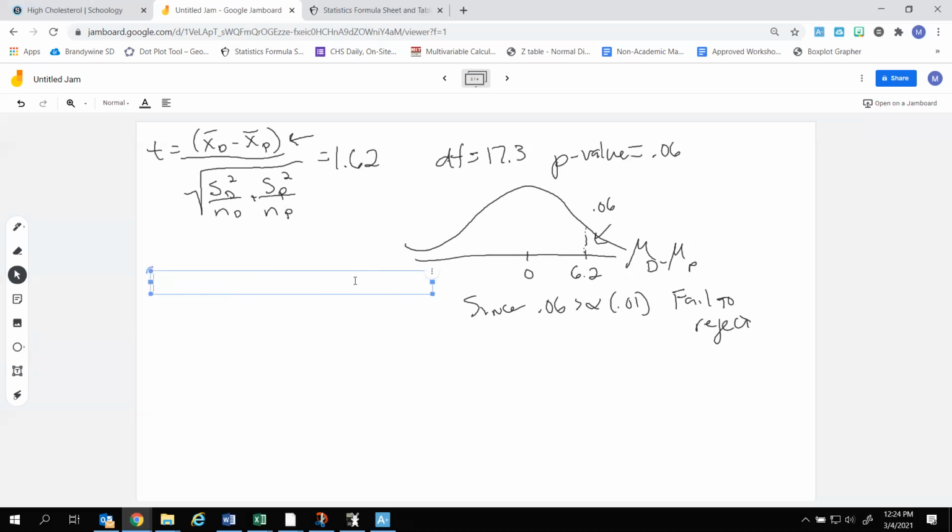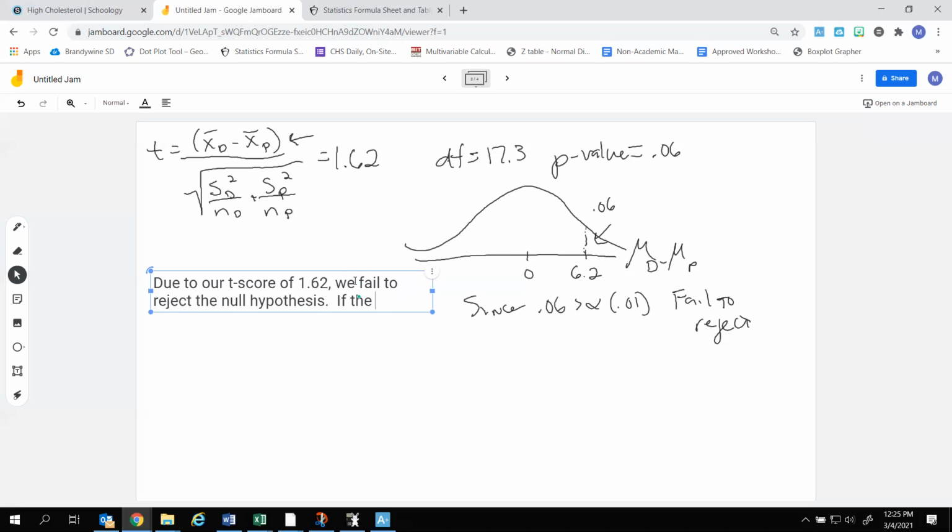Due to our t-score of 1.62, we fail to reject the null hypothesis. We were looking at a cholesterol drug versus placebo.